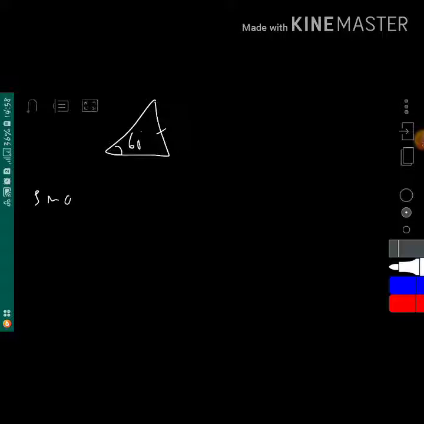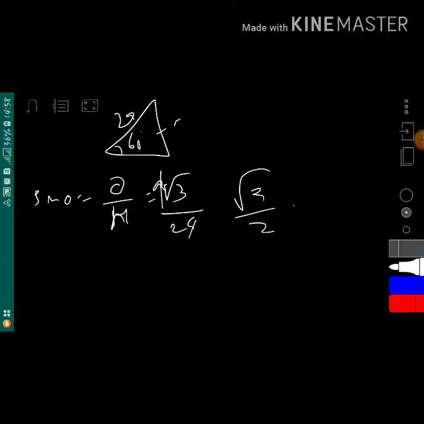So sine theta, which is nothing but opposite by hypotenuse. My opposite is nothing but A root 3. My hypotenuse is what? 2A. So this will cancel, root 3 by 2. This will go in that table again in front of 60 degree, in front of sine. Understood?